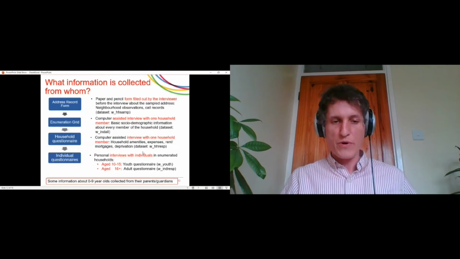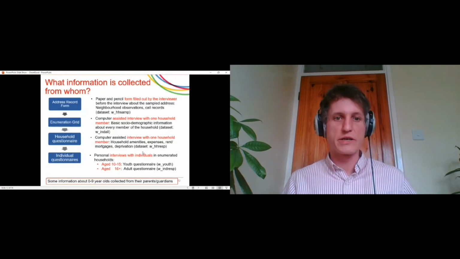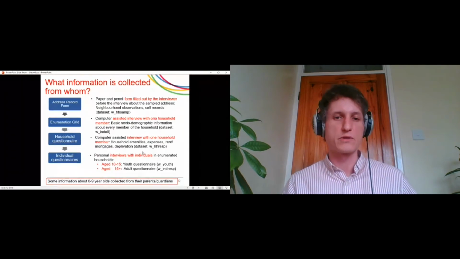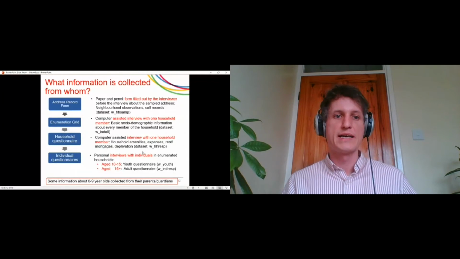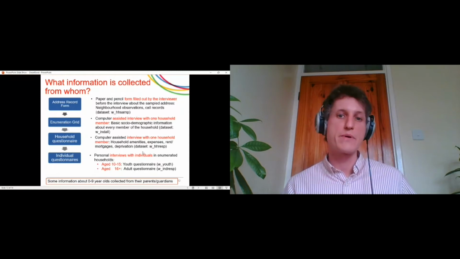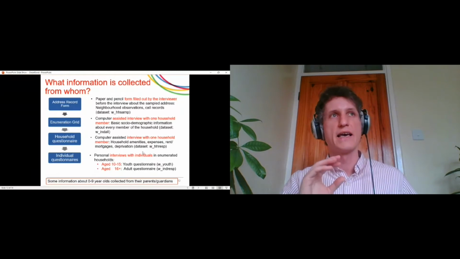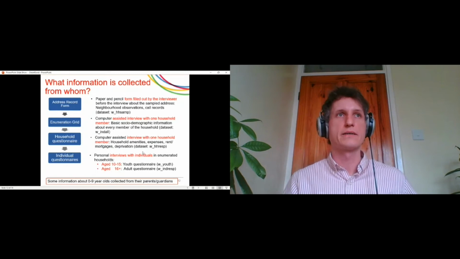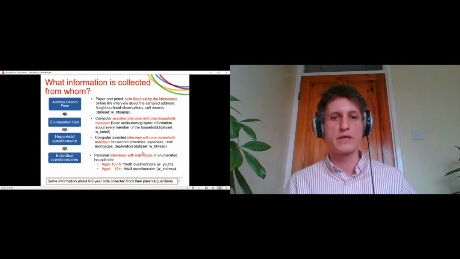And we have four major questionnaires in Understanding Society. First of all, for each household, before anyone in that household answers any questionnaire, there is a questionnaire filled out by the interviewer. It's called the address record form, and this is about neighborhood observations and some external characteristics of the household.